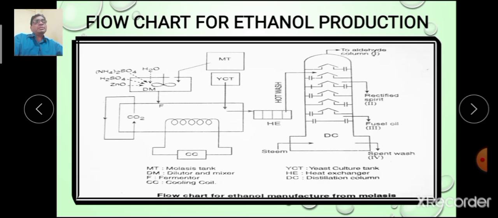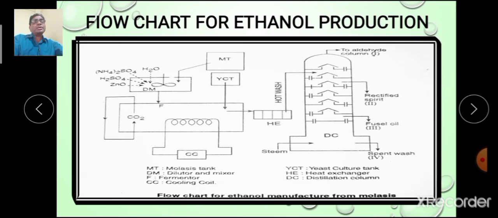Now yeast requires food, and therefore the molasses is enriched with the addition of ammonium sulfate. Some sulfuric acid is required to arrest the unwanted bacteria, and zinc oxide is added in the dilution tank.